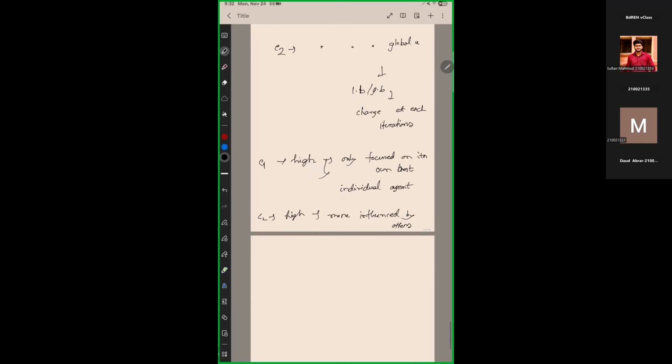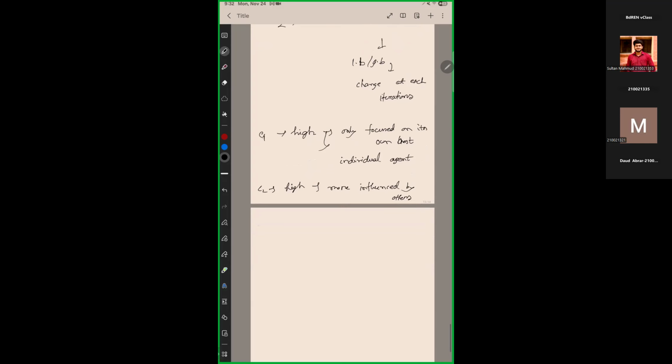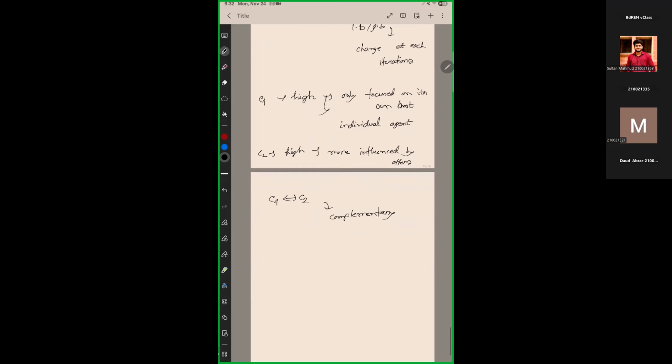Now, C1 and C2 are complementary. How complementary? Their combination increases both exploration plus exploitation.